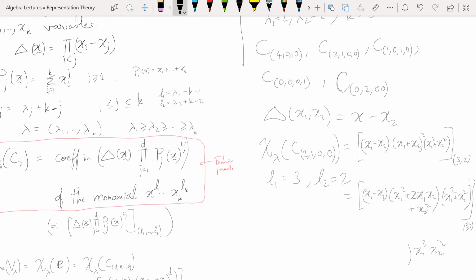So let's just collect the terms which will have that. I'm just trying to collect terms here. If I take the first x1, this is the only way we can make it. These are the two terms we'll get.